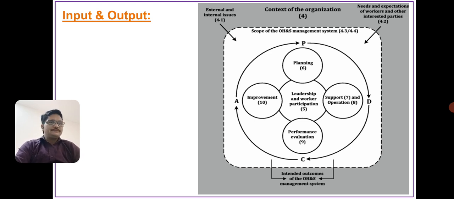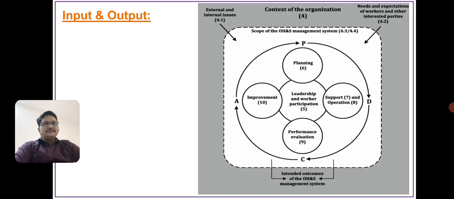In the PDCA cycle, planning comes under the Plan phase, support and operation are Do, Check is performance evaluation, and Act is improvement, and leadership and worker participation run all over the PDCA cycle.